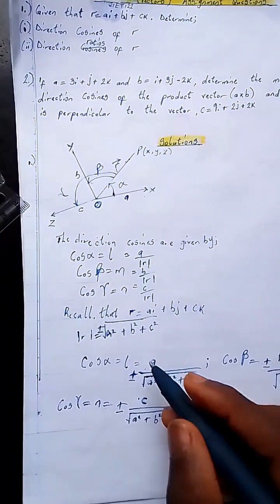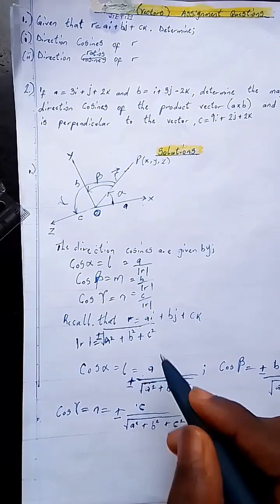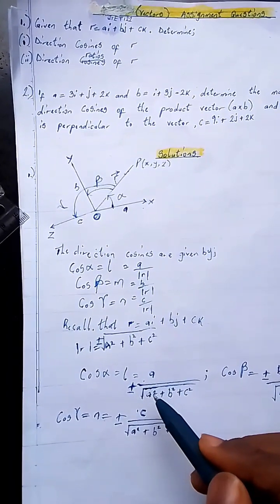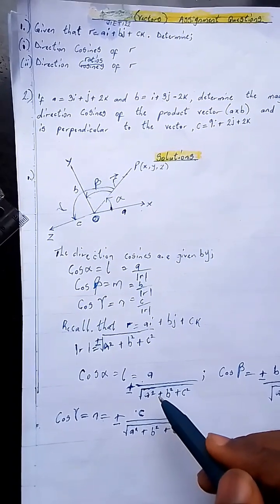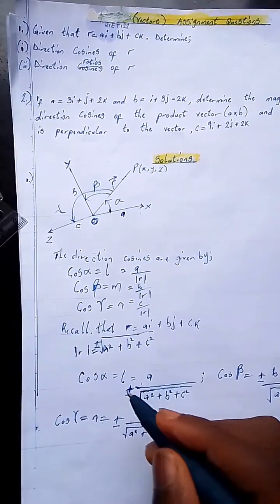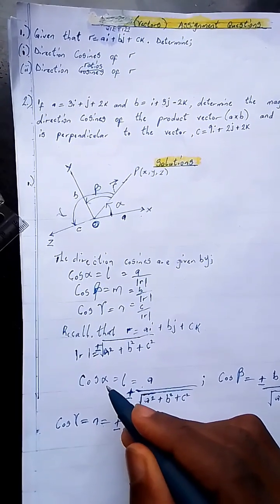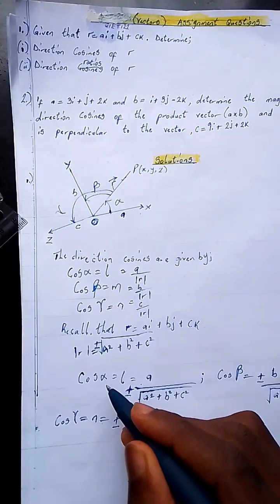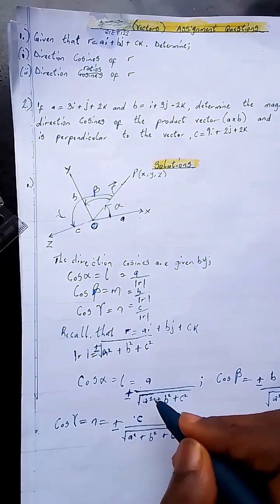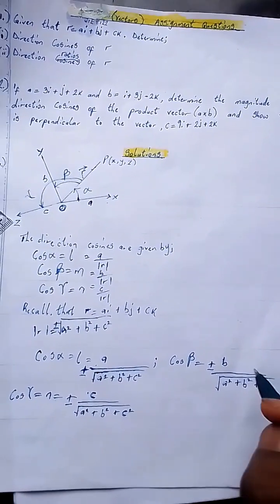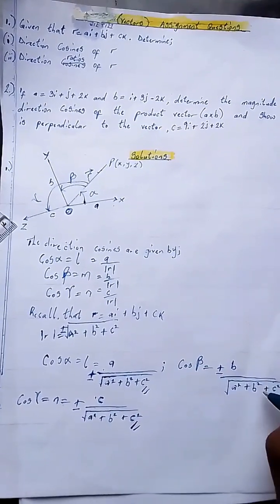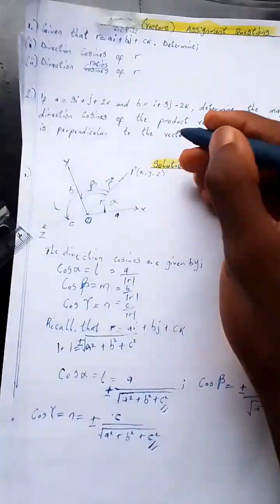So that's why when we substitute in the value for the modulus of R, we have this. And so if you take the cosine of the angle alpha, you have plus or minus a over the square root of a squared plus b squared plus c squared. After substituting in the values, this is what we have as our answer for the direction cosines. So we are done with number 1i.